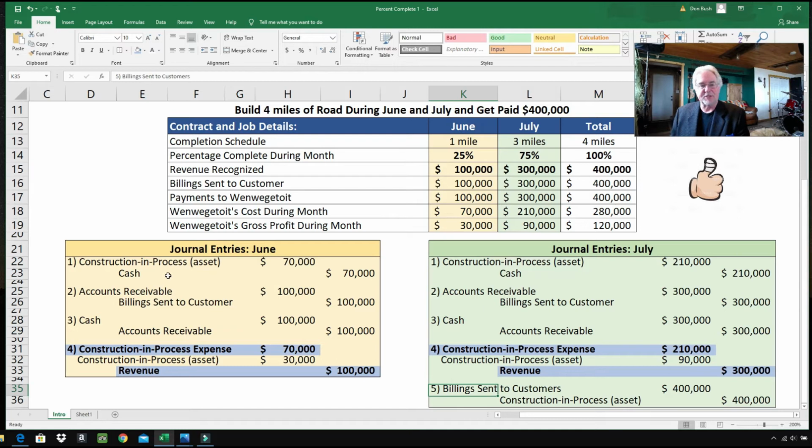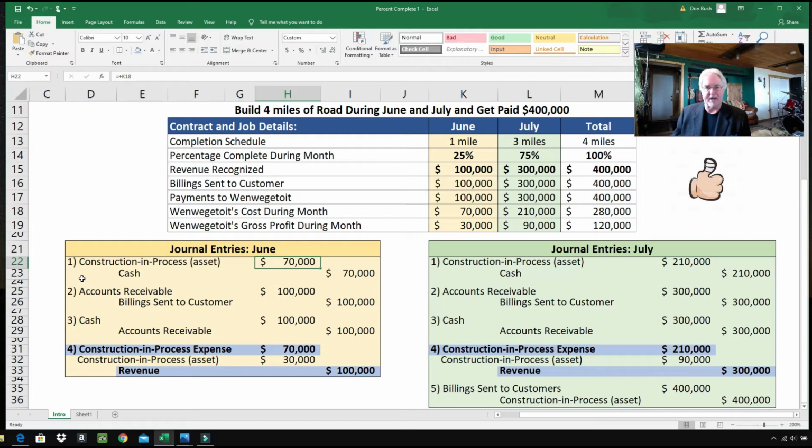So first entry, construction and process, cash. This first entry represents the amount of money that was spent, the cost, to do the month of June. So it costs $70,000 to do the month of June. This first entry here, construction and process asset, this is going on the balance sheet. It's an inventory account. It's going to go on the asset side of the balance sheet.